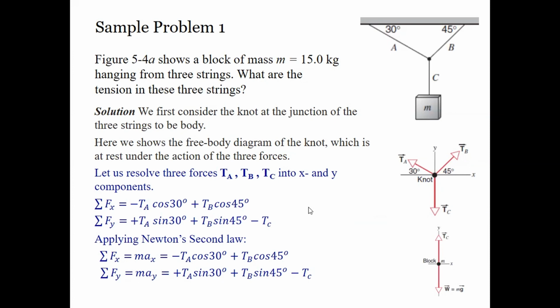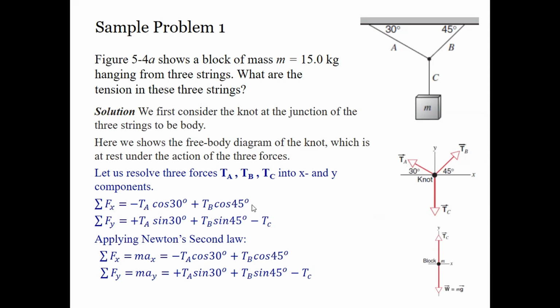So if we have done that, we can write down the sum of the x force components as minus TA times cos of 30 degrees. We know that this direction, the decreasing x value, will be the minus direction.